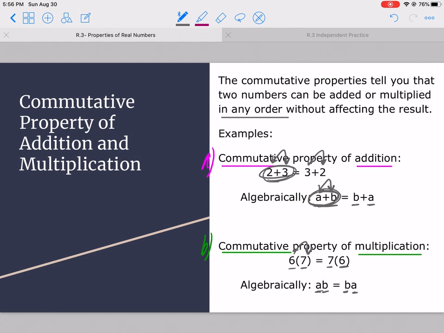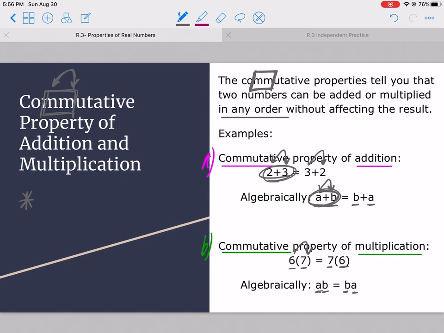The way that I like to remember this, I look at commutative, the word that is hard to say, and I look at the fact that there are 2 m's right here in the spelling, okay? If I were to flip-flop the order of those m's, nothing about the word or how I pronounce it or what it means is going to change. So that's how I always remember.